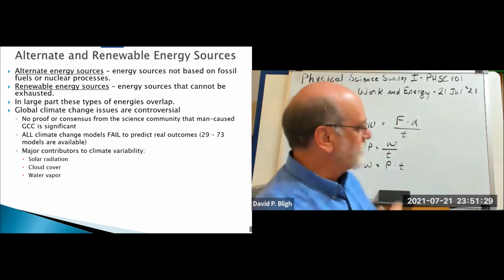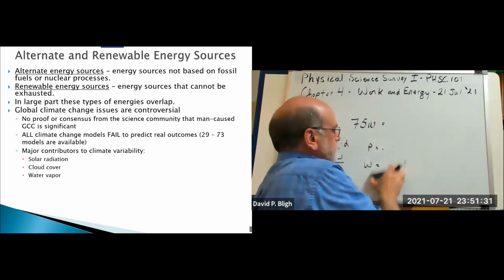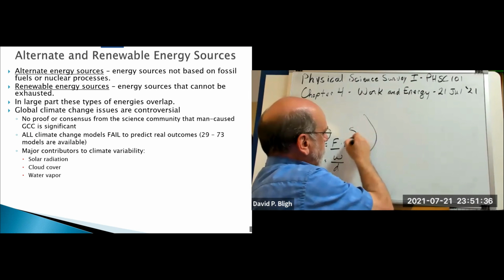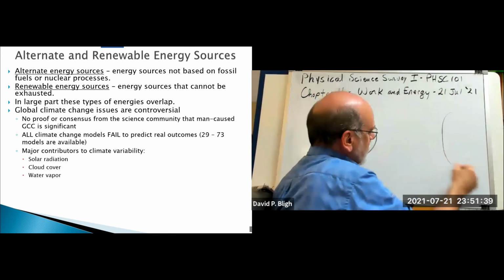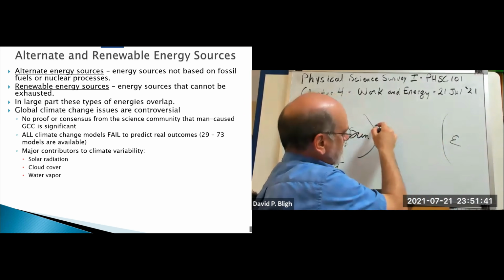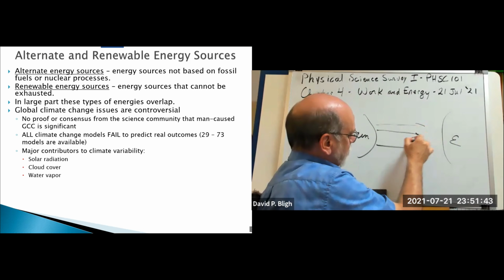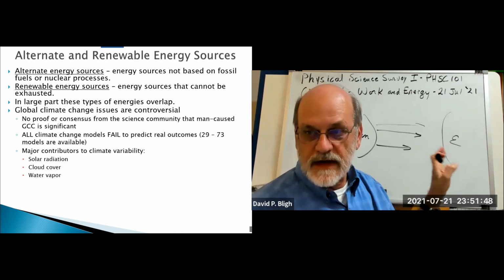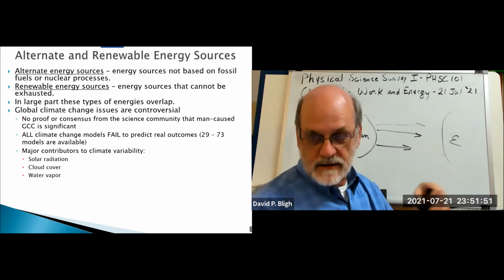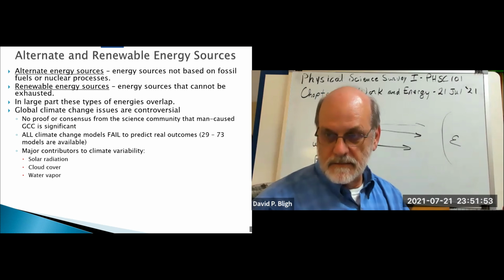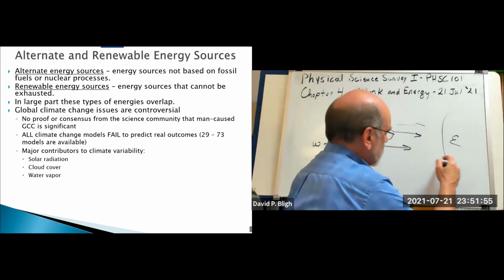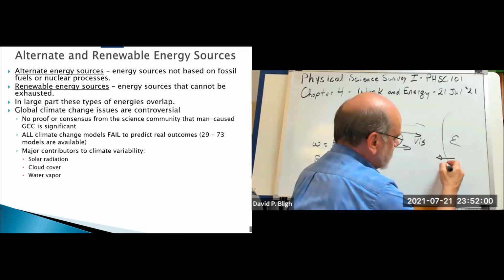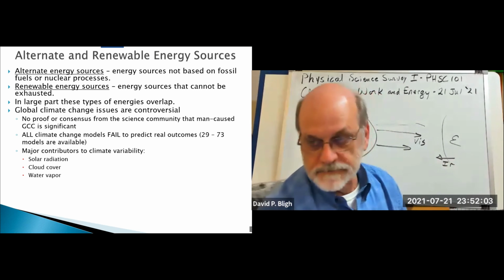The theory is that when solar radiation strikes the earth, it heats the earth up, and the heat is re-radiated at infrared levels. So it comes in as visible light, and it's re-radiated as infrared.